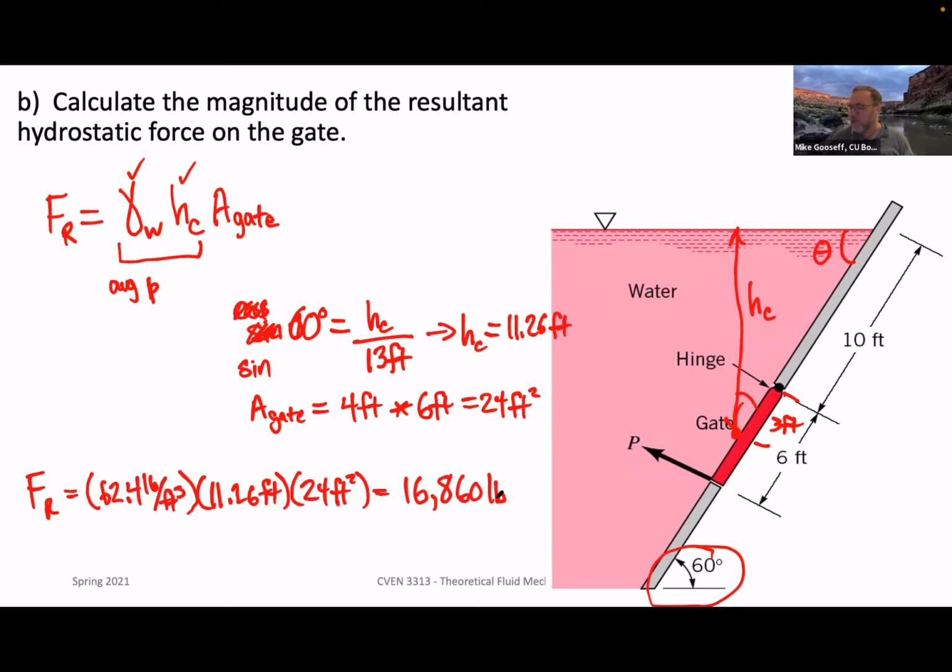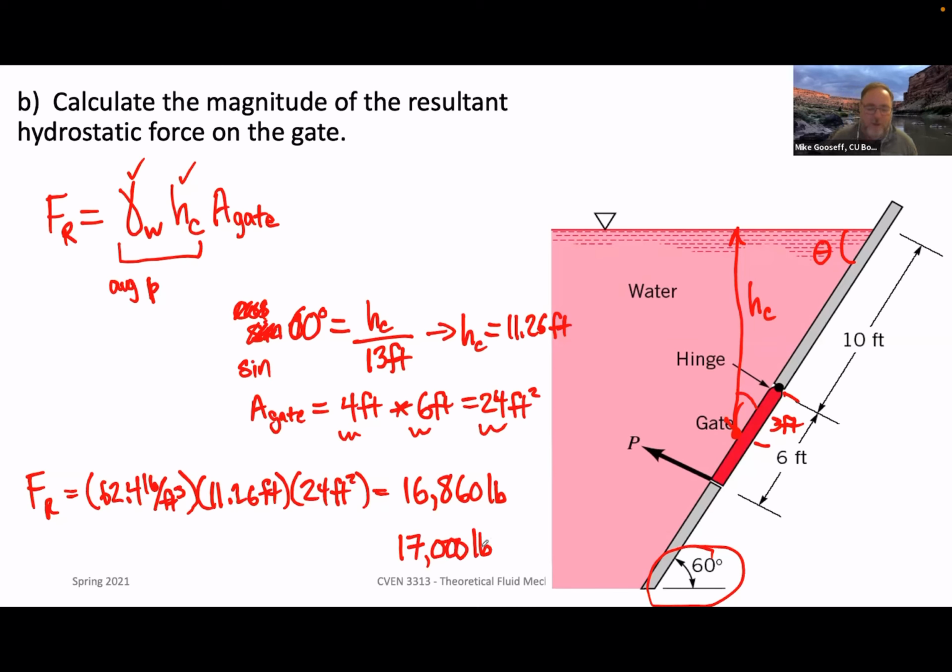Now, you'll note that to get here, we did have only one significant figure here. That gave us something with two significant figures. Based on what we have here, I'm going to go with two significant figures. That would give us, we'd be rounding this up to basically 17,000 pounds, approximately what FR is in this case with significant figures.